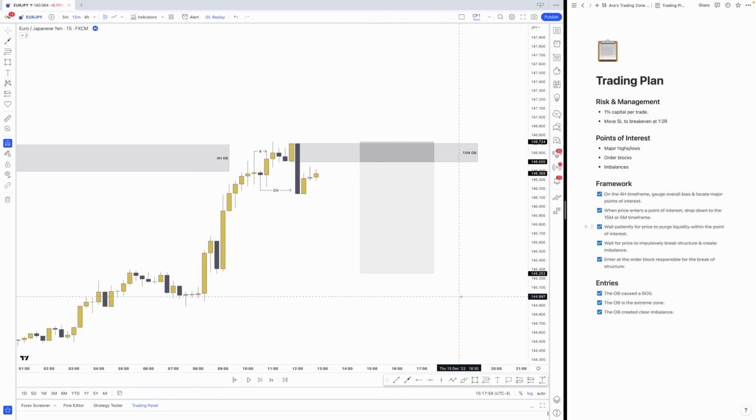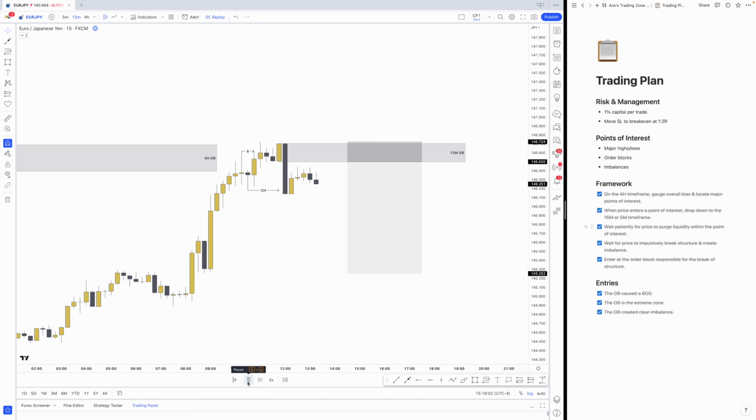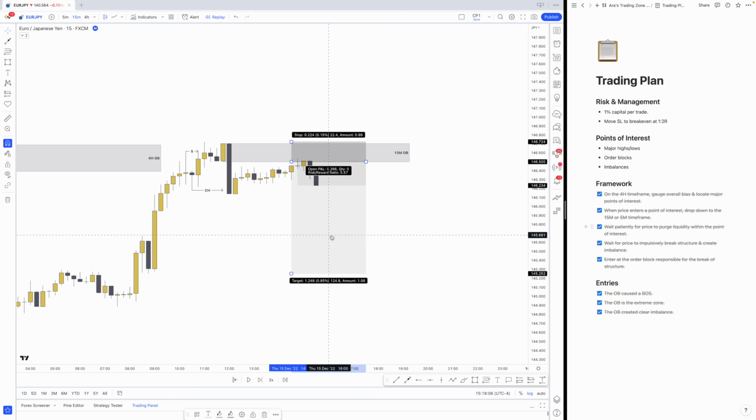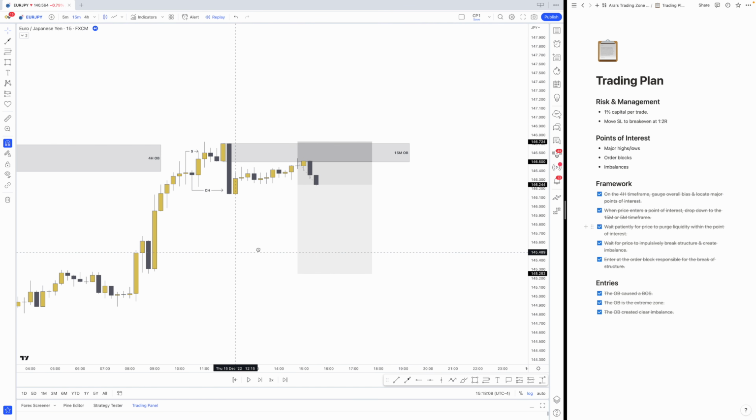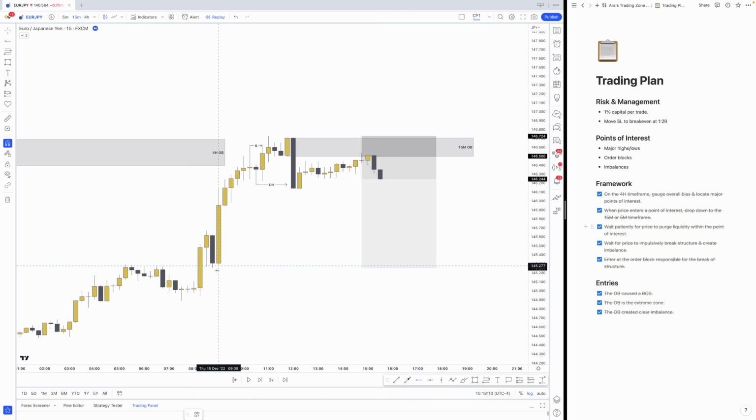Let's play price forward and see what happens. Okay, so we were triggered into the trade right there. Let me just put a horizontal ray line at this low so we can identify exactly where we're targeting.